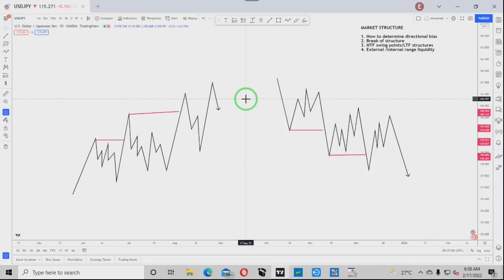If you do not understand how to determine your directional bias in this zigzag movement of the price, you get lost. Here lies the problem of so many traders all over the world. This is the reality of the market, the way it actually moves.